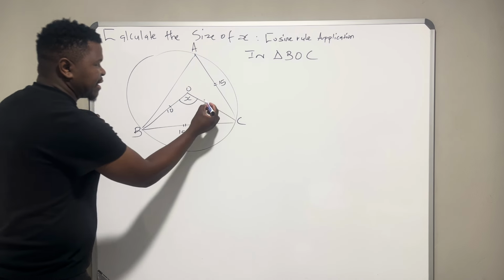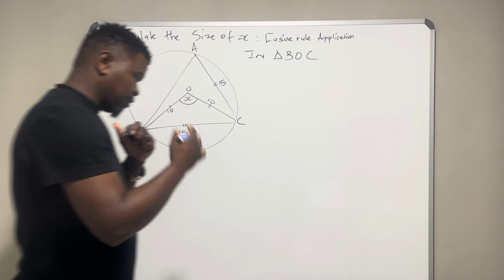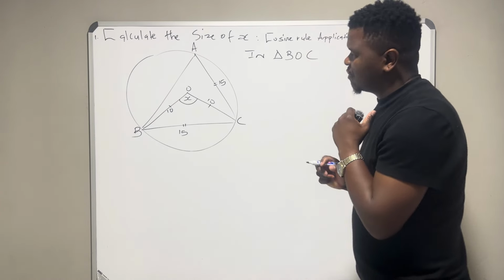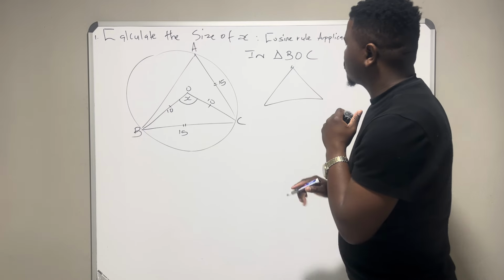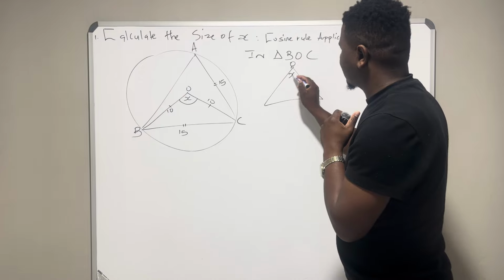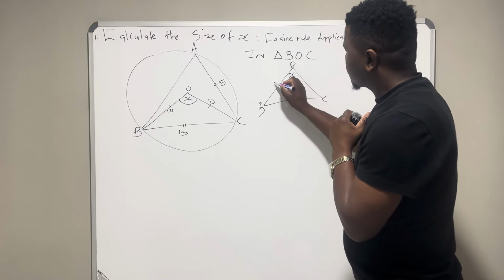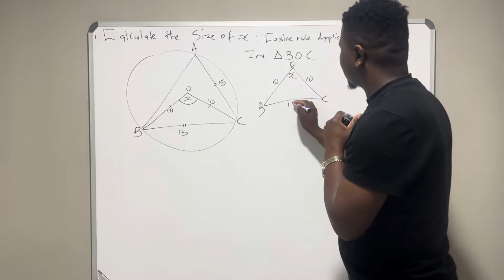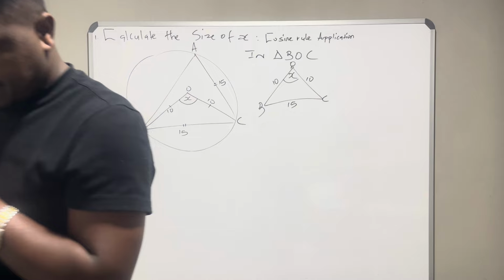So if this is 10, that means this one is also 10. So now, let's abstract this triangle BOC so we can see it properly. I have O, X, and then C. So that's 10, that's 10, that's 15. Now it's clear.